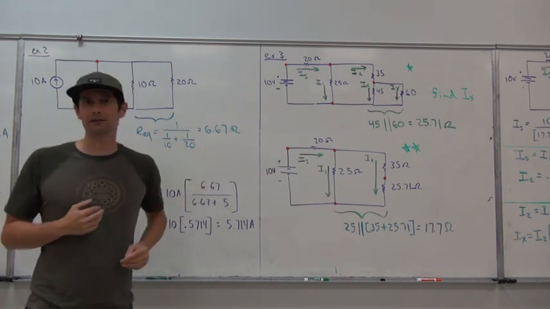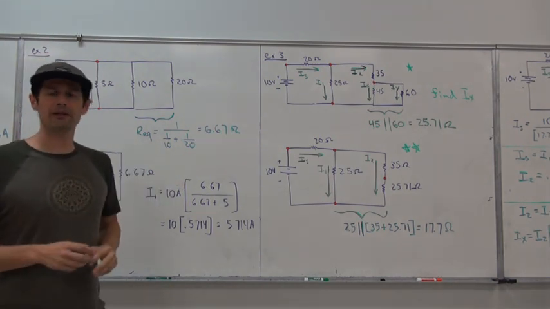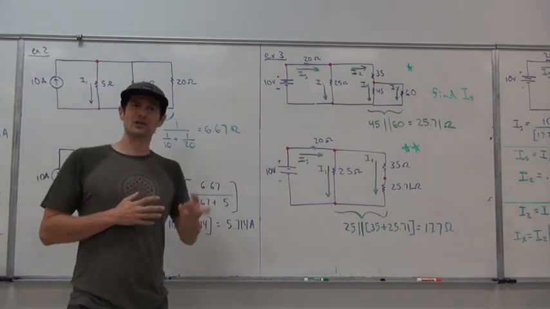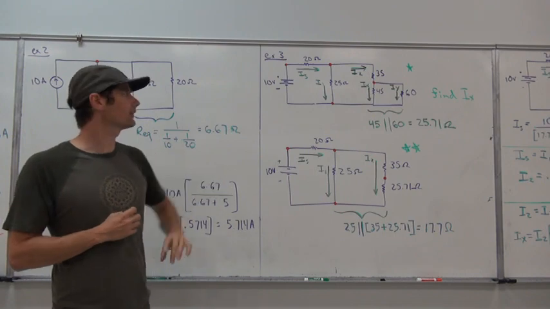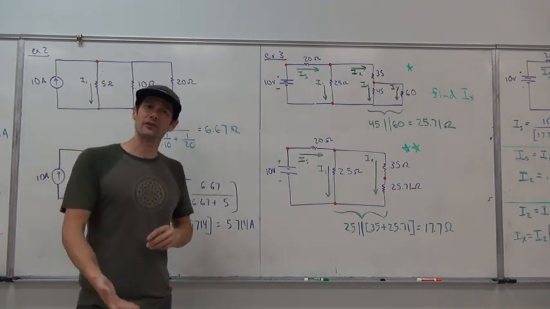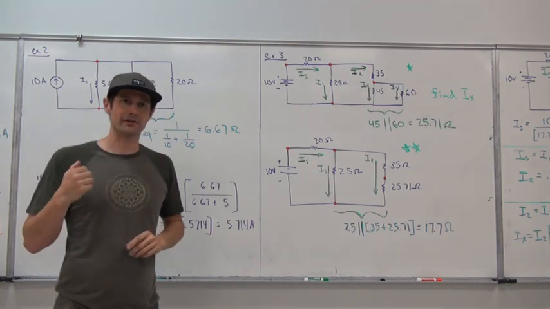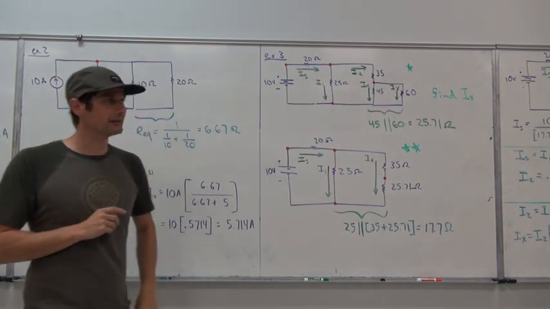Well, the same thing can be said about current. When current leaves the source, depending upon how the circuit schematic is laid out, we can see current divide multiple times throughout the circuit. So for the third example, we're going to divide that current not once, but twice.